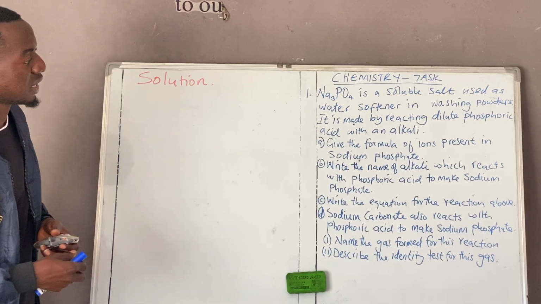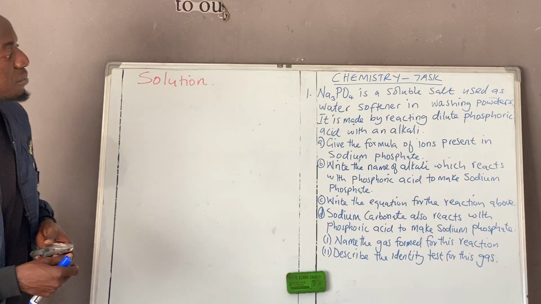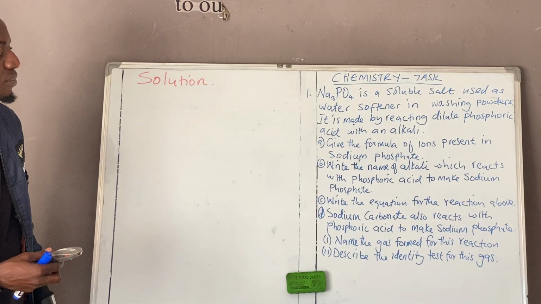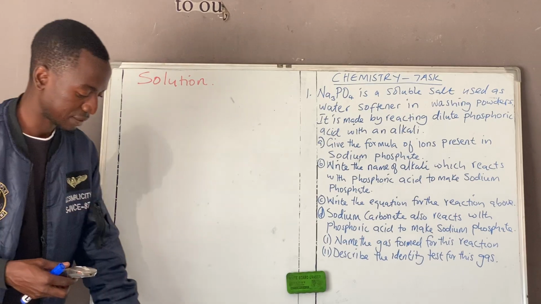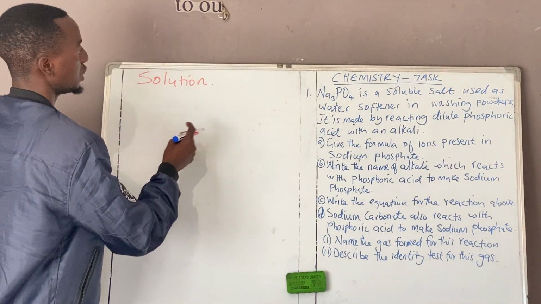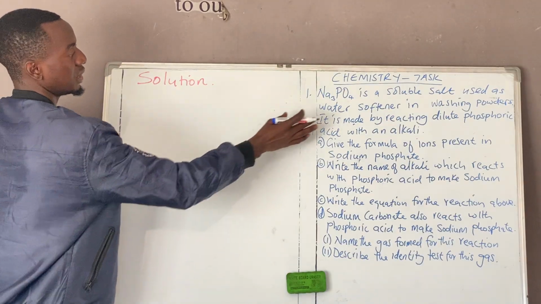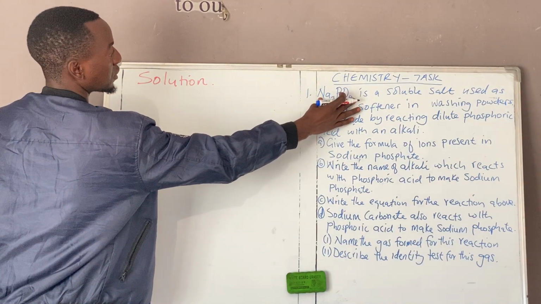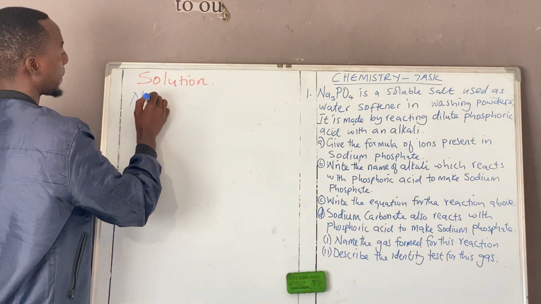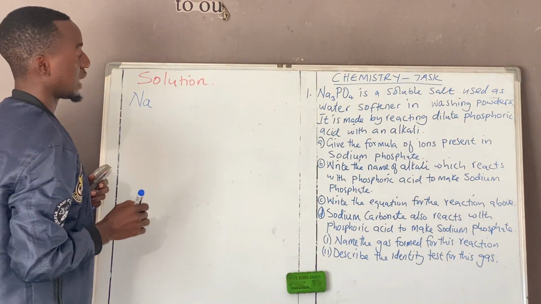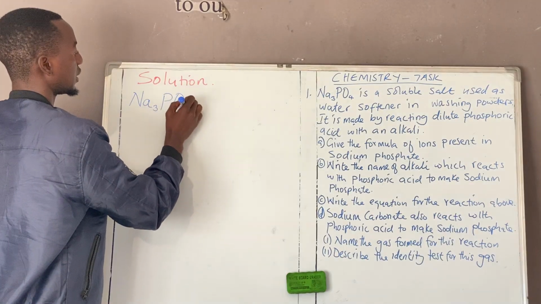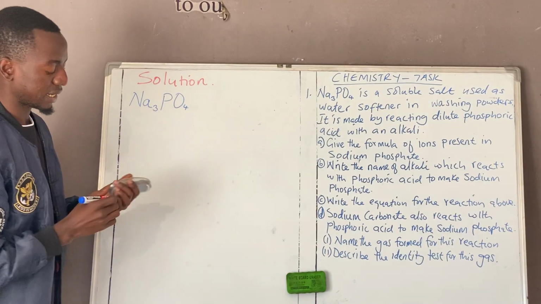So now the first question says, give the formula of ions present in sodium phosphate. The chemical formula for sodium phosphate is sodium, like that, then phosphate, like that.